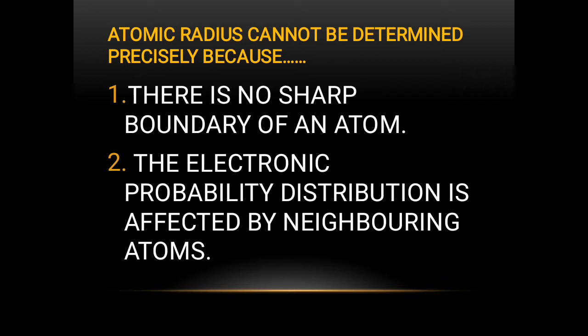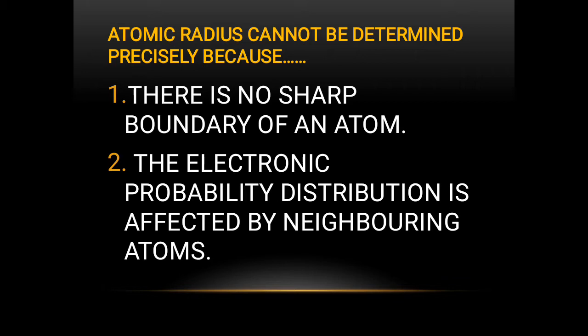That means we cannot say exactly where the electron is found or what its exact boundary is. The next reason, the electronic probability distribution is also affected or changed by neighboring atoms. So, talking about the size of the atom is not easy.